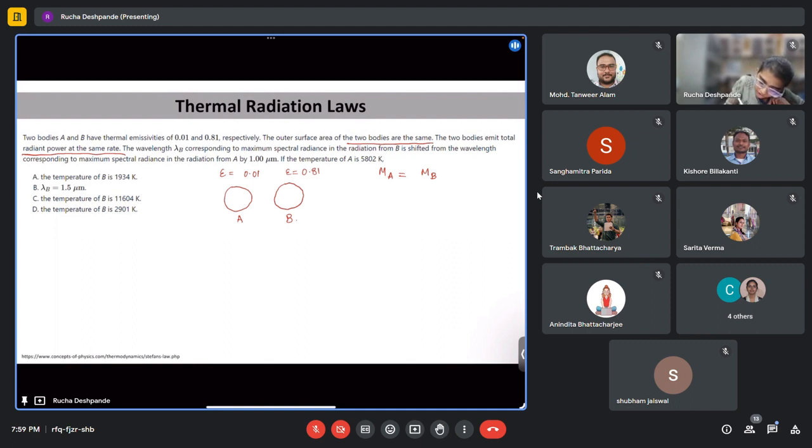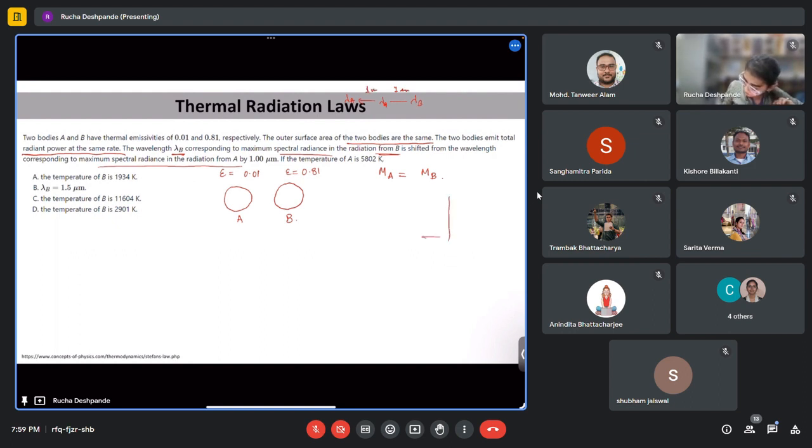Wavelength lambda B corresponding to the maximum spectral radiance in the radiation from B is shifted from the wavelength corresponding to maximum spectral radiance in the radiation from A by 1 micrometer. So lambda B is either on the right side or left side of lambda A by 1 micrometer.